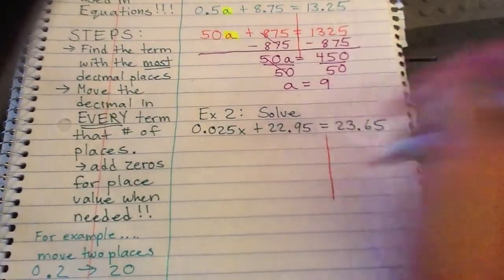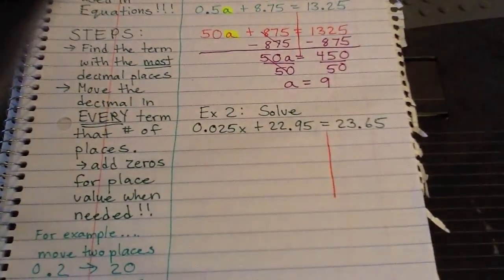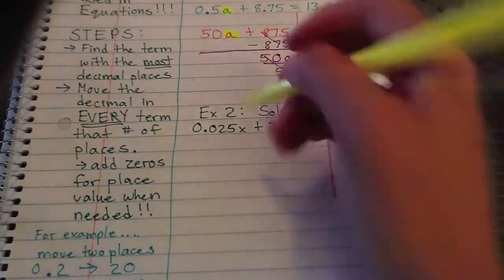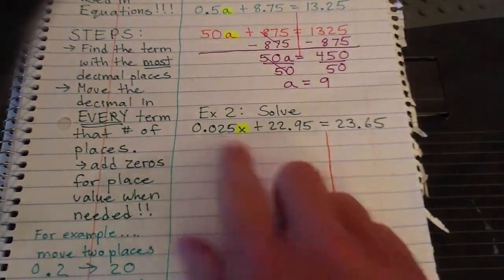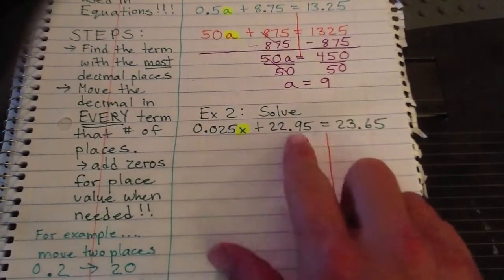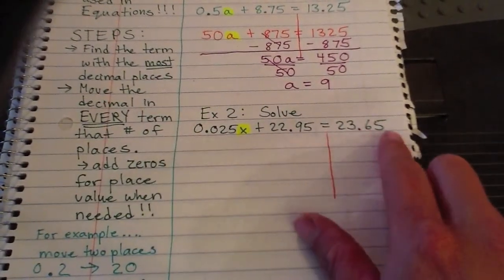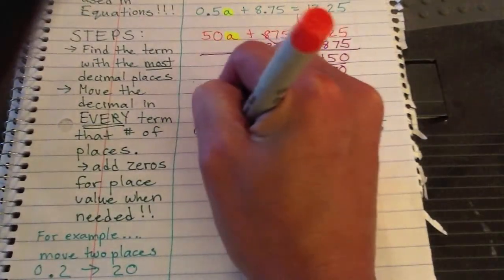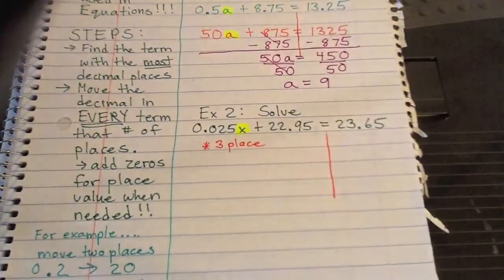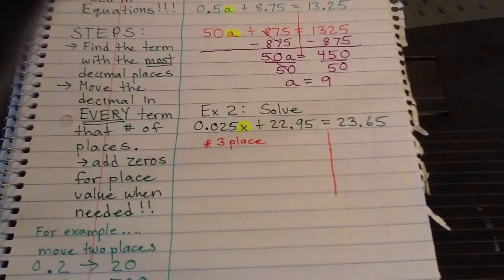Alright, so we drew our line. We looked for our variable. We only have 1, so we only have to worry about that. I counted my decimals and I noticed I had 3 here, 2 here, 2 here. So my largest number was 3 places. So I'm going to have to move everything back 3 places.